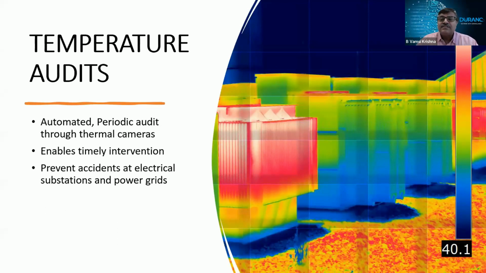To prevent these accidents, this temperature audit is typically conducted on a regular basis. Combining a thermal vision camera, the video analytics can perform automated auditing of substation facilities and power equipment temperatures. So use a thermal camera to get the feed, analyze the feed, enable timely intervention through the alarms that are triggered, and prevent accidents at electrical substations and power grids.